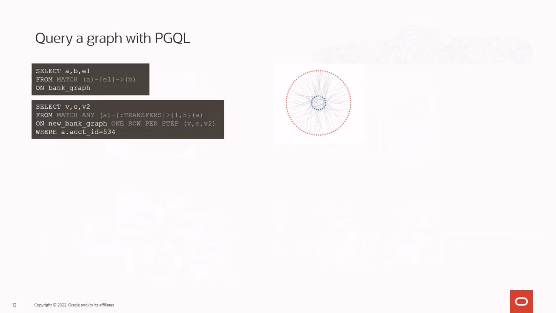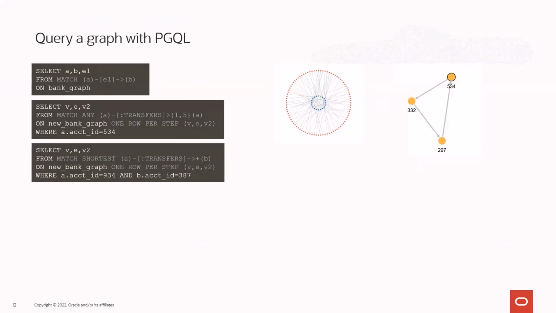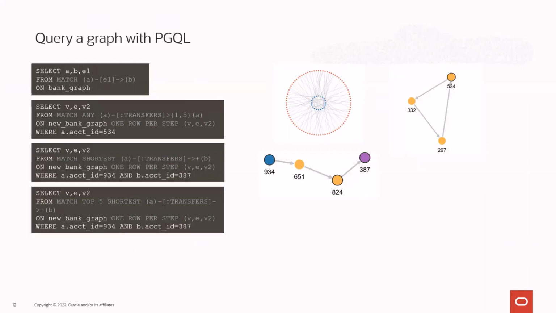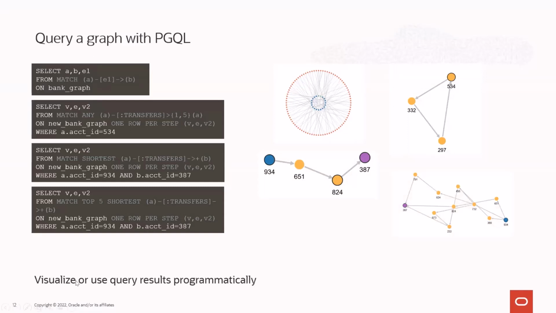This is a SQL-like query language, and it allows constructs like select, from, and so on. It also gives you the capability to specify a graph pattern. You can run different queries to do things like find cycles, find paths, find the shortest path, find the top 5 shortest paths, and so on.